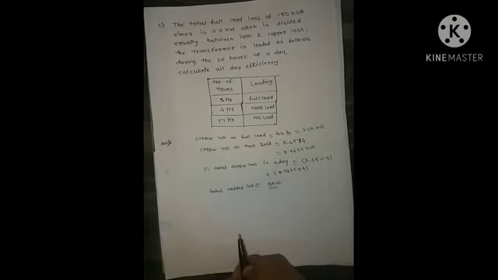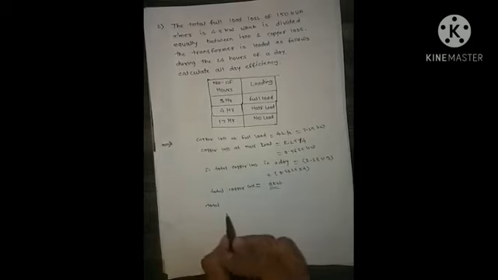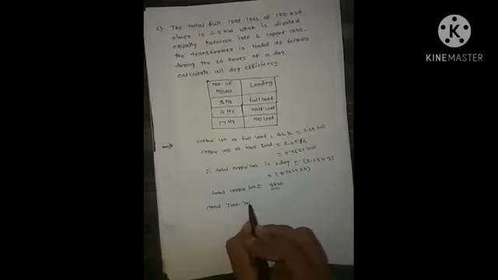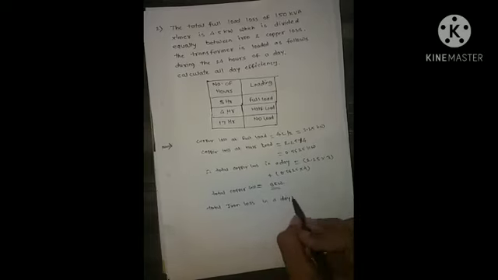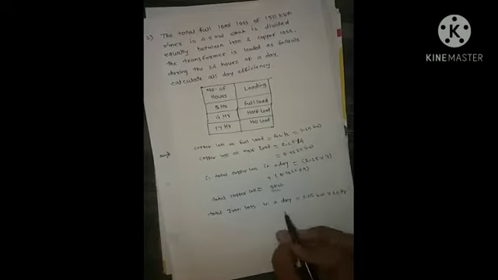After that we have to calculate the total iron loss in a day. Total iron loss in a day equals 2.25 kilowatt into 24 hour. By solving this we will get 54 kilowatt hour. Now we have to calculate the total loss per day.